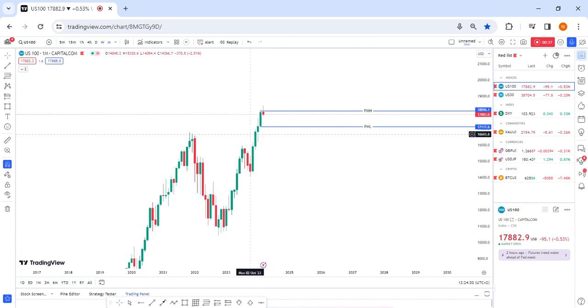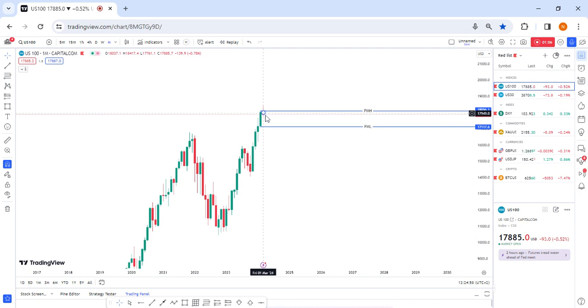Okay, let's start on the monthly time frame as we use the top-down approach when it comes to technical analysis. So looking at the previous monthly high, we can see that price has broken through and is now coming back in to this range that was established with the previous monthly candlestick.